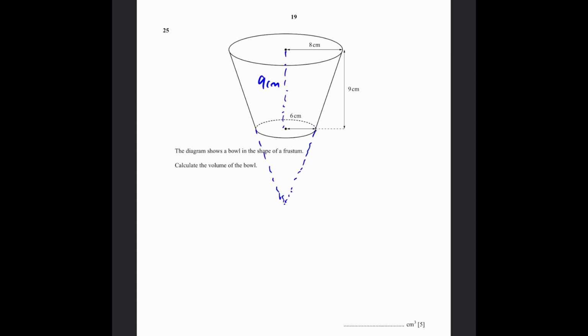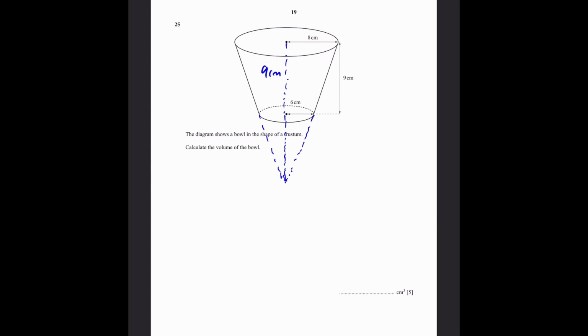Now, using similar triangles, we can find out what this total height is. Don't believe me? Well, watch. We can draw a line all the way down there. Since this is one line, this angle is the same for both the large triangle and the small triangle, and these two angles are both 90 degrees.